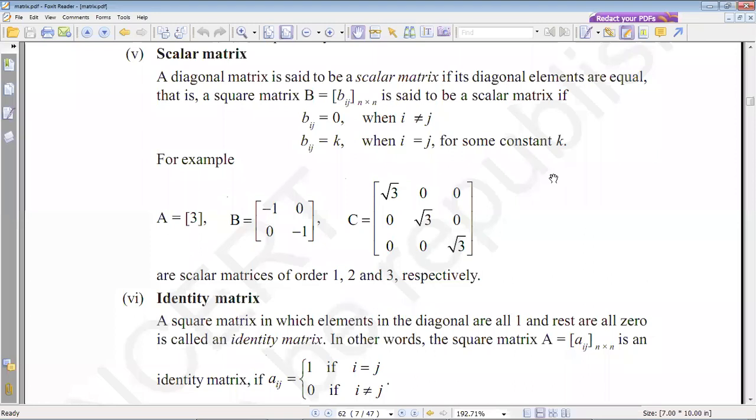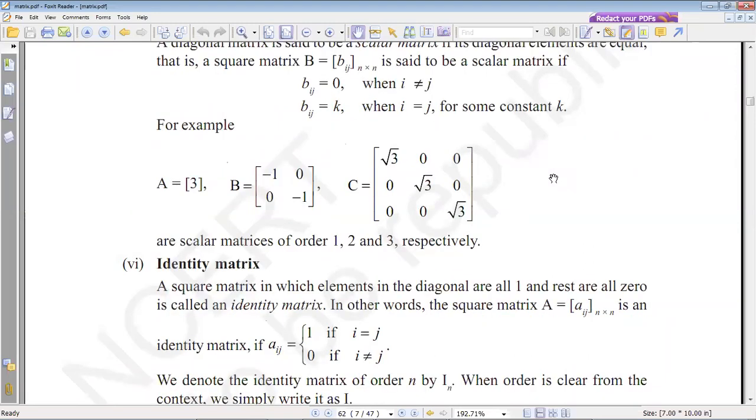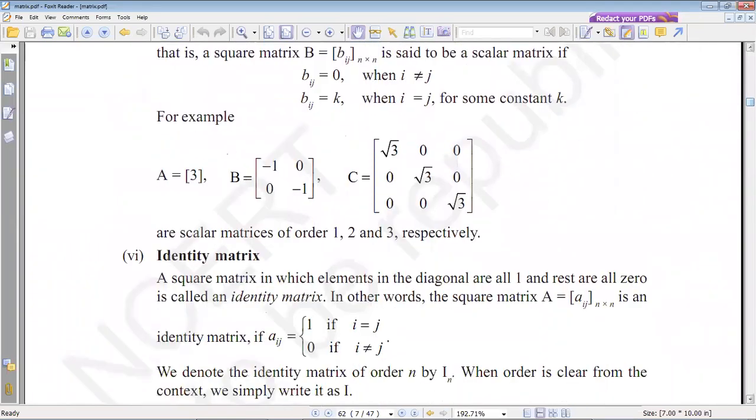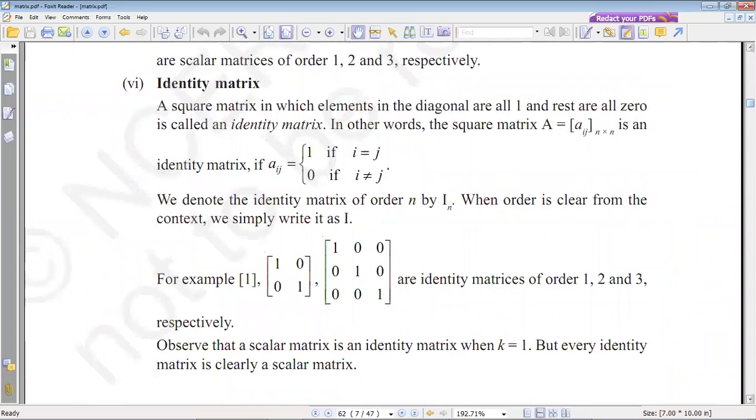Now identity matrix. See here. What is the identity matrix? Actually, it is a square matrix in which the diagonal elements are equal to 1, rest all are equal to 0.